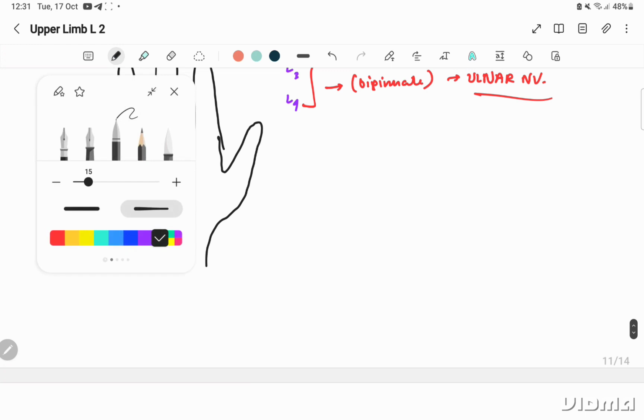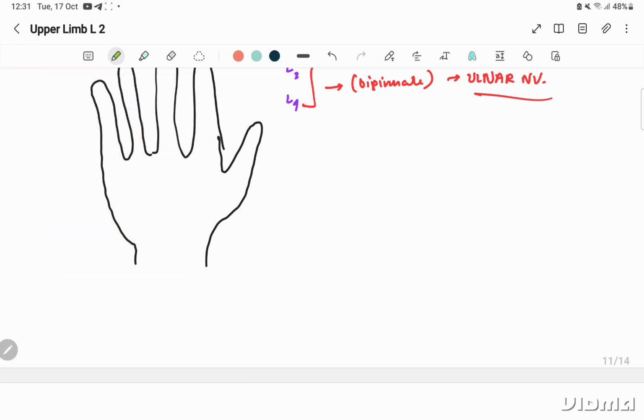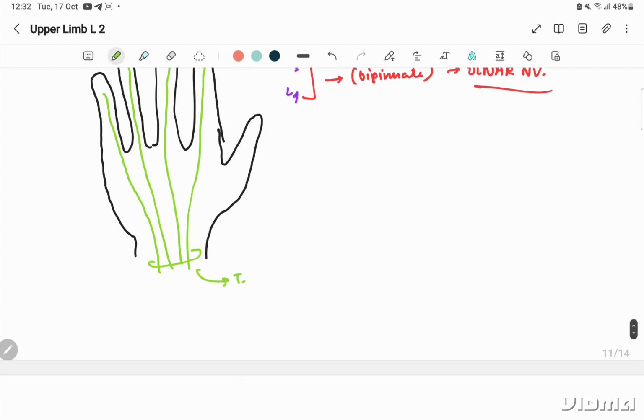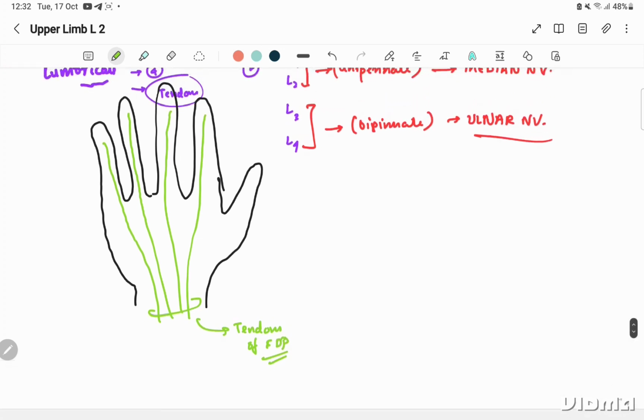Yeah, so after this, let's draw the tendons of flexor digitorum profundus also. So here we have a tendon, here we have a tendon, here we have a tendon, and here we have a tendon. What are these? These are the tendons of FDP, sorry, I said FDS, FDP, flexor digitorum profundus tendons.